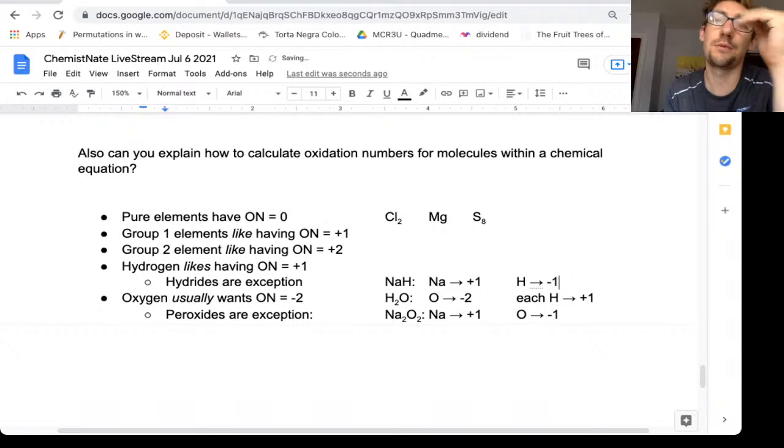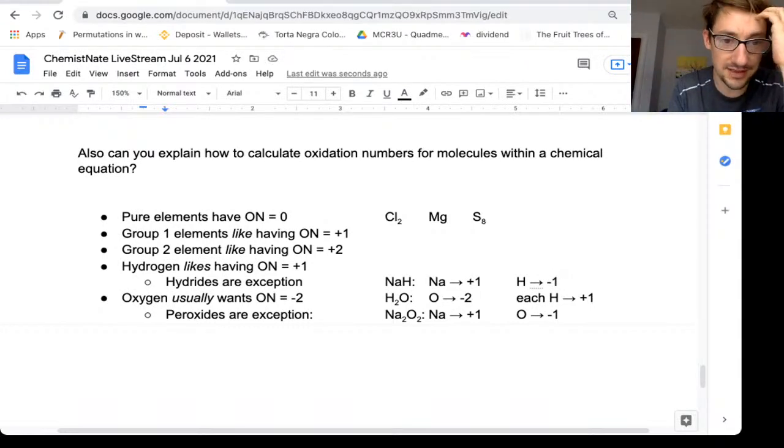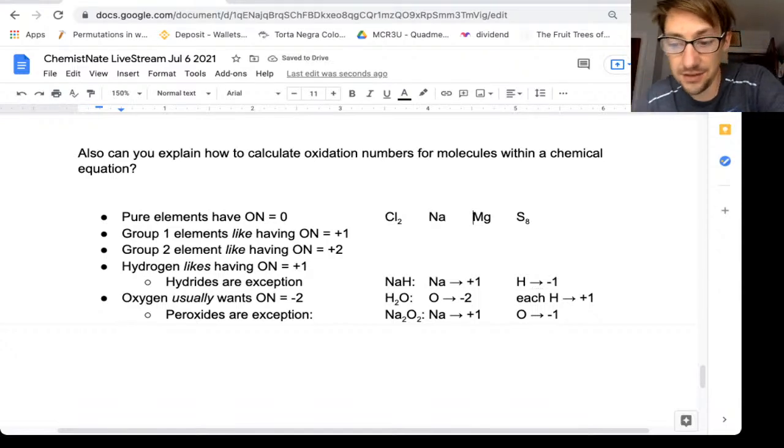So what I'm doing here is working my rules from most important to least important. If it's a pure element, it gets a 0. Pure sodium, for example, has an oxidation number of 0.